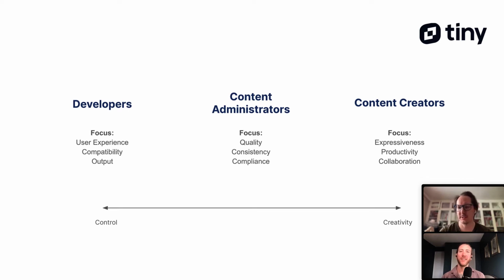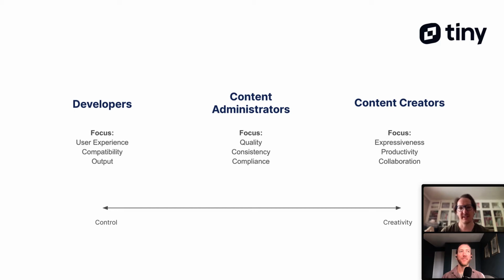On the other hand, you have the content creators, where you have to balance how expressive you want the content to be about productivity and collaboration. And finally, you have the content administrators in the middle here, where you have to make sure that the focus is on quality, on consistency, and compliance. So everything looks the same, it works the same, and it's on brand all the time.